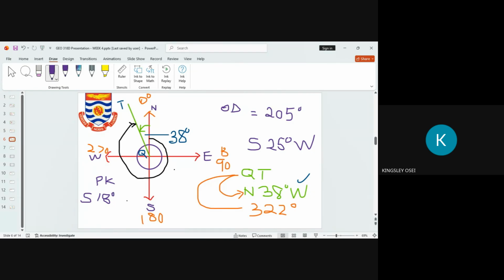I want to make it a bit complicated for you. 20 minutes east. South 18 degrees 20 minutes east. What will be the whole circle bearing notation corresponding to this quadrantal notation?